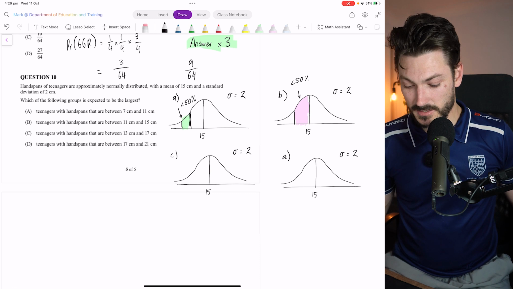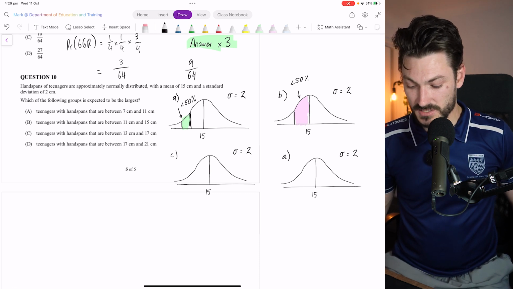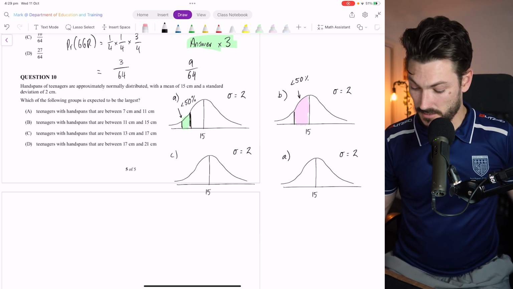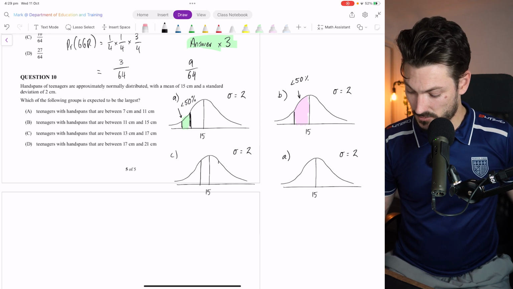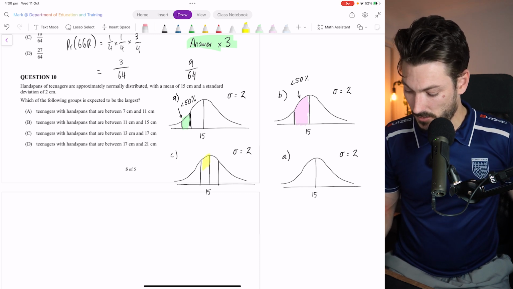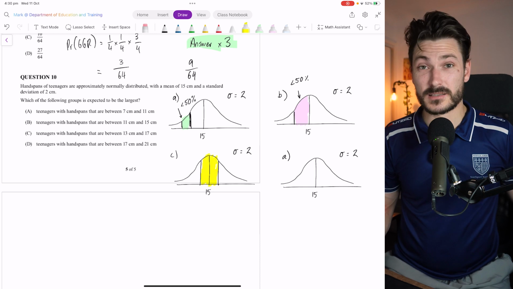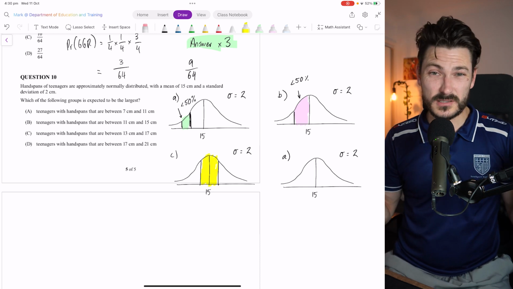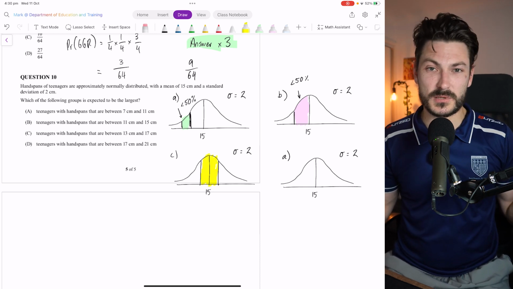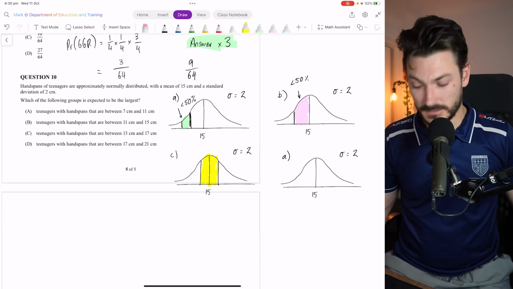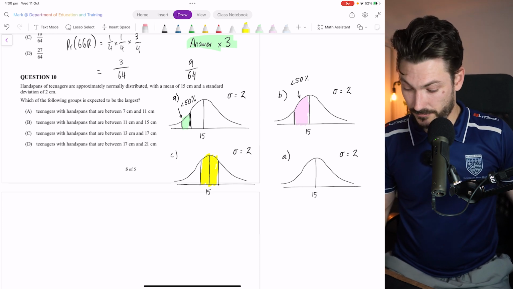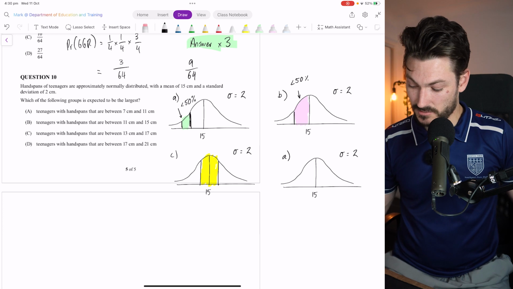Part C says teenagers with handspans that are between 13 centimeters and 17 centimeters. So that's going to be approximately here. And I'll come back to this one because it's on both sides of the mean, so I can't just say it's less than 50% right now. Let's investigate later. And part D on the right, it says between 17 and 21.